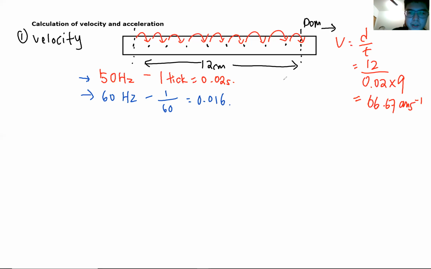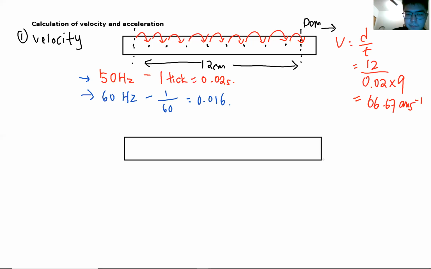Okay, so you just have to look at what frequency of ticker timer you are using. Okay, so this is for velocity. Now, second, talk about acceleration. Okay, how do we calculate acceleration? Now let's draw again this one. 1, 2, 3, 4, 6, 7.